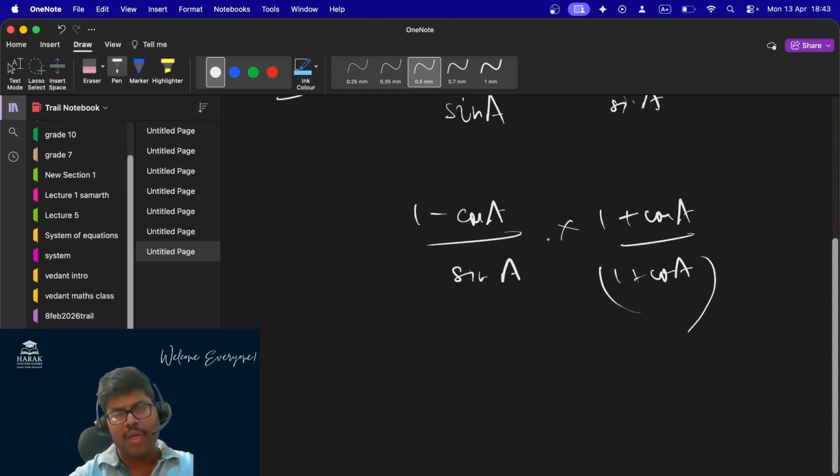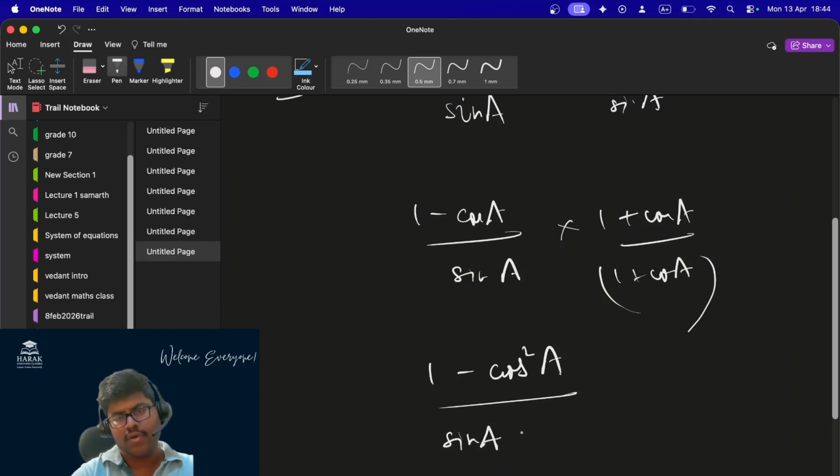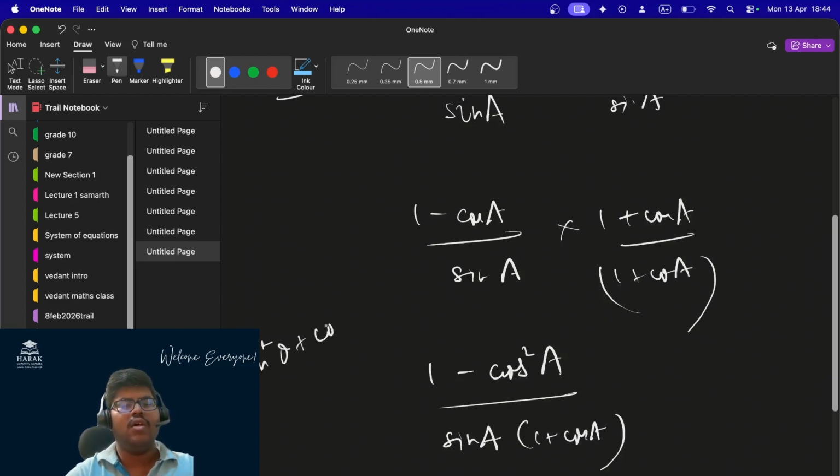As soon as I multiply both terms by 1 plus cos A, the term becomes 1 minus cos square A over sin A times 1 plus cos A. Now remember the identity, sin square theta plus cos square theta is 1. So 1 minus cos square theta is sin square theta.